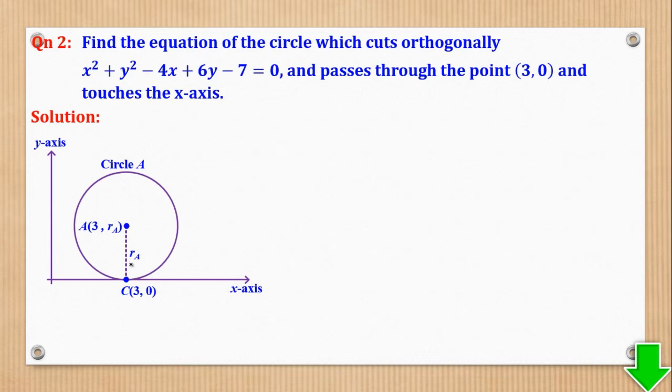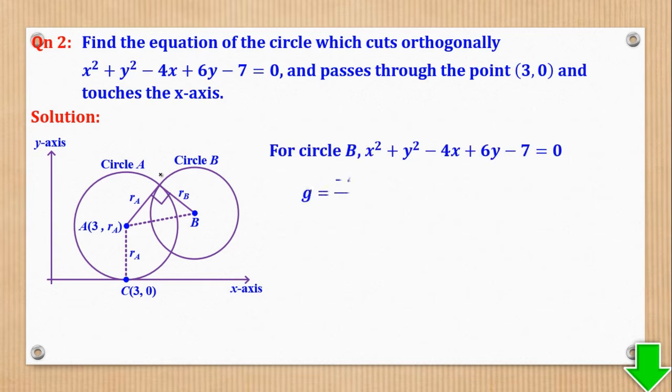So the radius of the circle is RA, and because the y-coordinate is 3, it implies that the center will be 3RA. Then this circle will now be here, and it also has a radius RB, so that this angle is equal to 90 because of that word orthogonally.